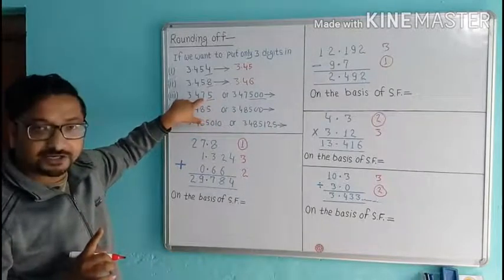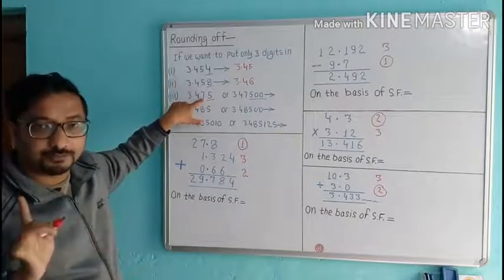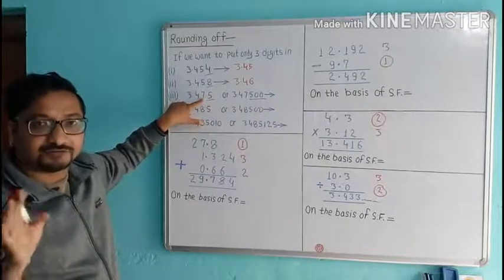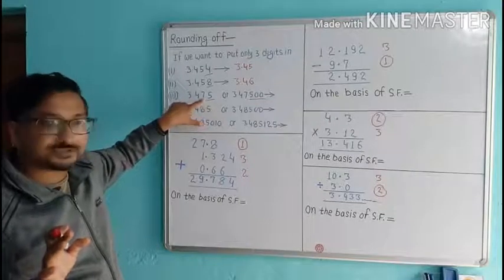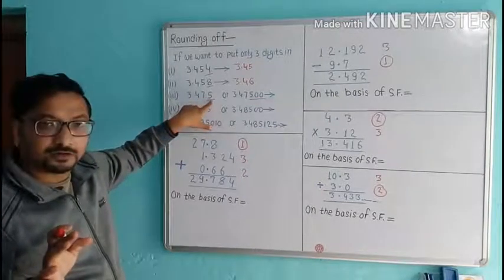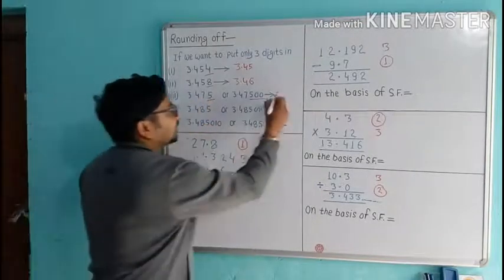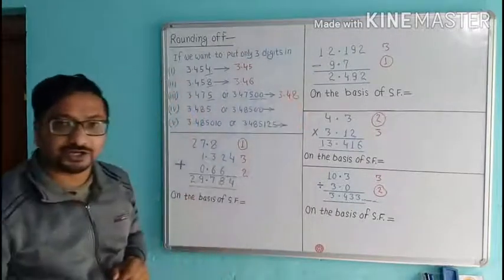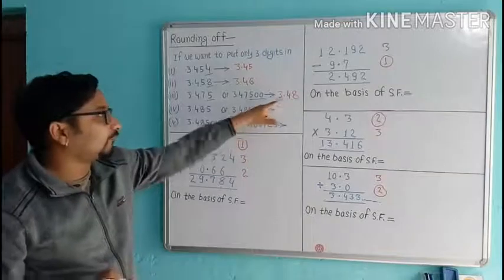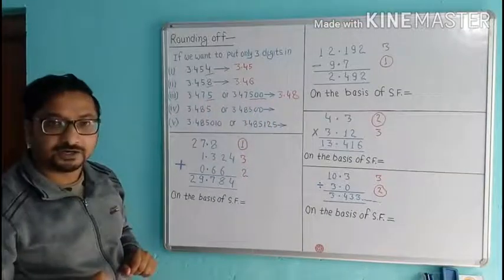Since this is 7, number 7 means odd number. We know that 1, 3, 5, 7, 9 are odd numbers. So if an odd number comes before 5, then we just add one digit to it. It becomes 3.48. This is the rounding off of such type of digits.